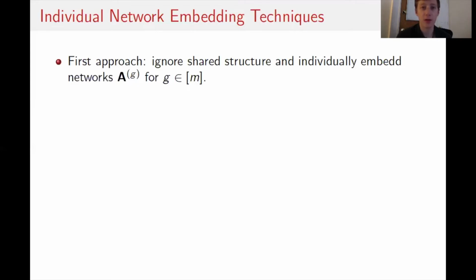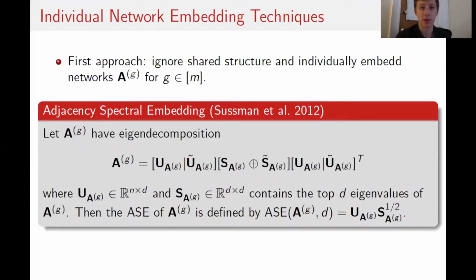One way we can do that is through an individual embedding technique called the adjacency spectral embedding. The adjacency spectral embedding was introduced and analyzed by my advisor in his dissertation, and it goes as follows. If A_G is one of these random adjacency matrices, you take its eigendecomposition and partition its eigenvectors and eigenvalues into those corresponding to the top D eigenvalues and eigenvectors, and the bottom n minus D. When I say top eigenvalues here, I mean the most positive.